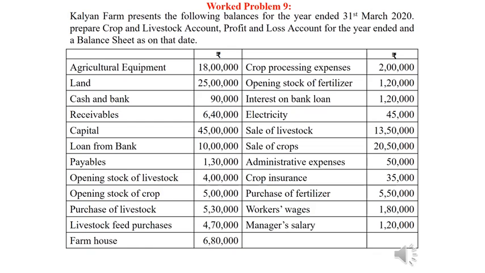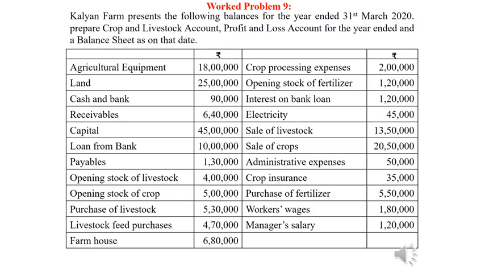Opening stock of livestock, opening stock of crop, purchase of livestock, livestock feed purchases, farmhouse is given, crop processing expenses are given, opening stock of fertilizer, interest on bank loan, electricity, sale of livestock, sale of crops, administrative expenses, crop insurance, purchase of fertilizers, workers' wages, manager's salary are the items given in this problem.